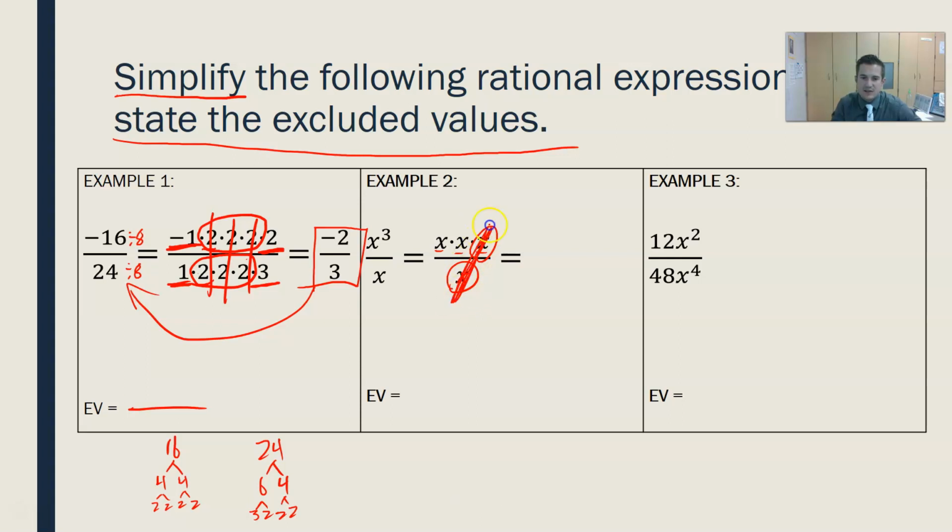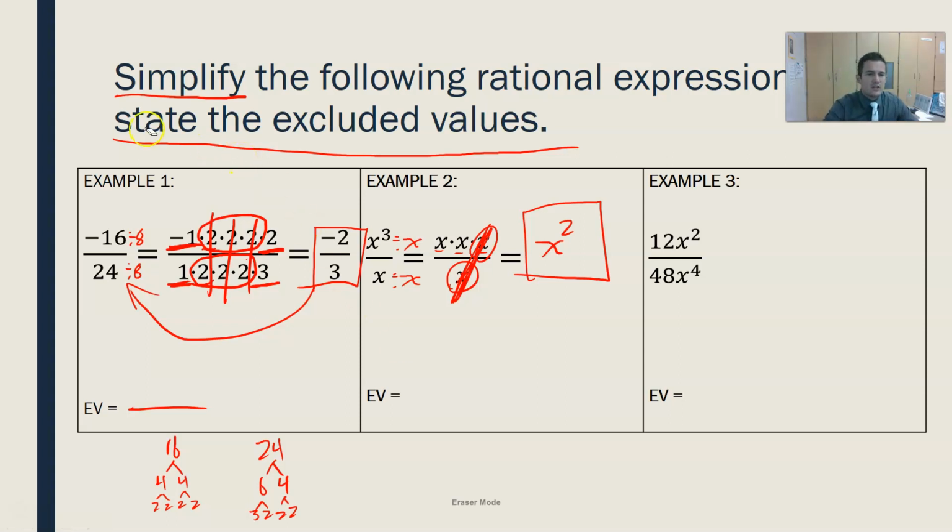So I can cancel out those x's. I can divide by x on both the top and the bottom. And all I'm left with is x squared on the top and nothing on the bottom, so just divided by 1, or I'll just leave that as x squared. So my simplified expression is x squared. I divided by the greatest common factor in the top and in the bottom.